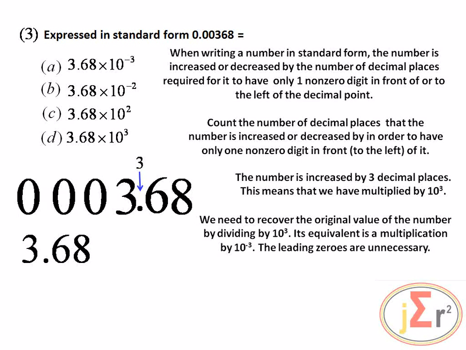And of course, there we have it. And these are leading zeros. These leading zeros are not necessary to be included in the final answer. Of course, we have all our options right here, none of which has the leading zero.